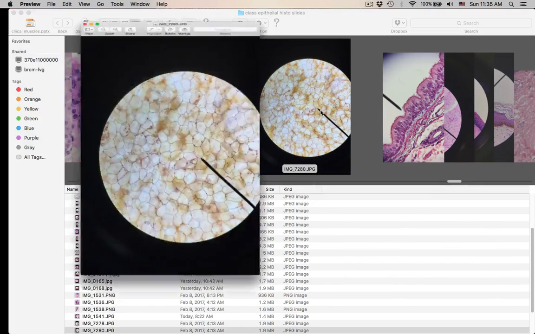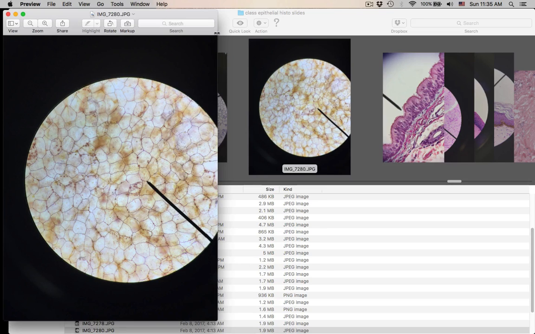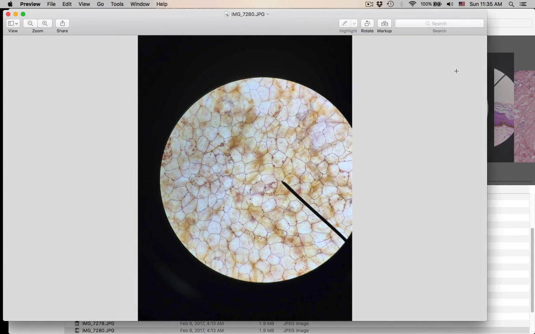Now on this one, now another flat mount. Now I want you to name the specific name, not the type of epithelial tissue, you've already done that, but its specific name of this type of epithelial tissue.